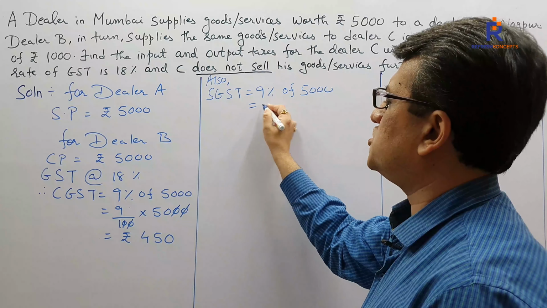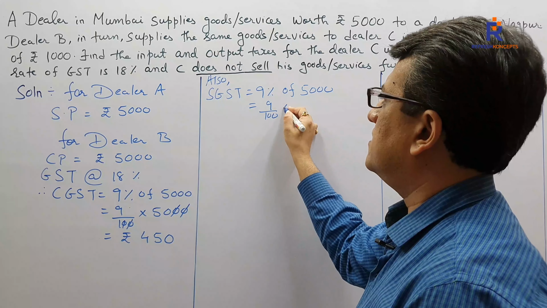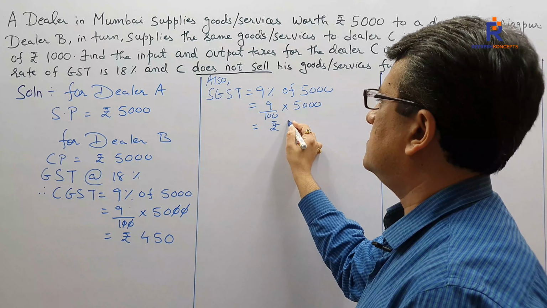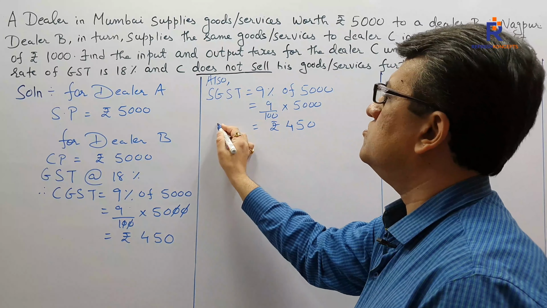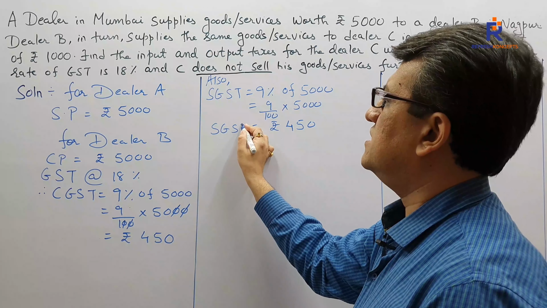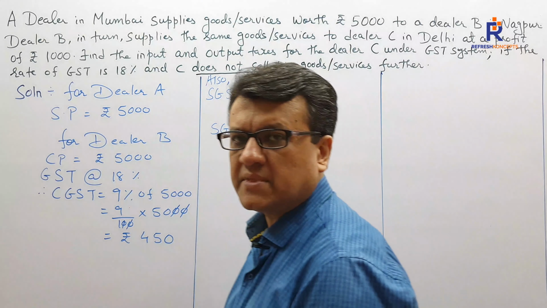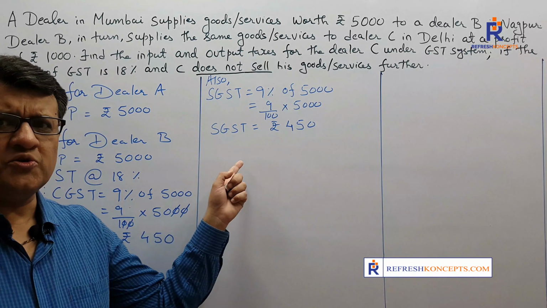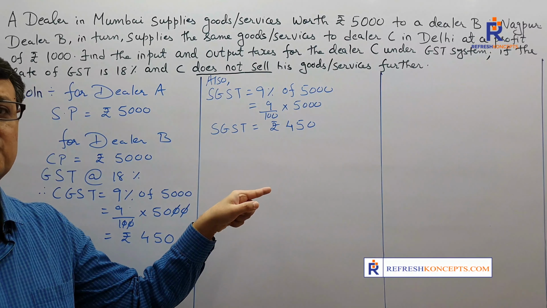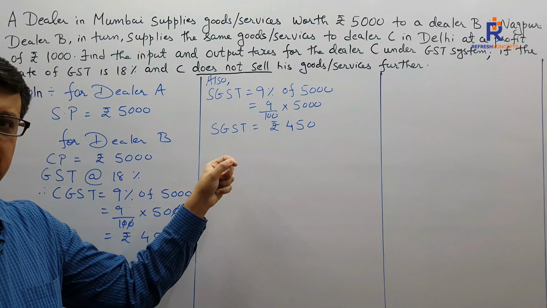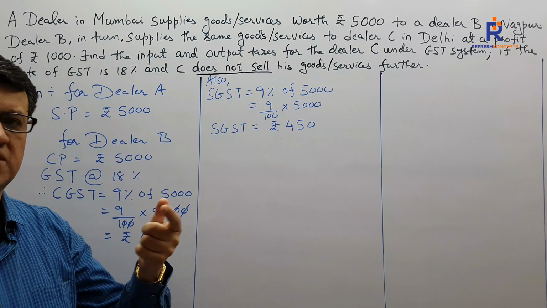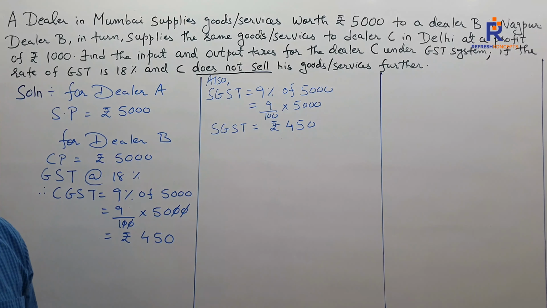No change whatsoever, children. 9 by 100 into 5,000, rupees 450. So these are the two taxes dealer B will pay. Either you go separately, or you say 18% of 5,000, which turns out to be 900, and then divide 900 as 450 CGST, 450 SGST. Choice is totally yours.